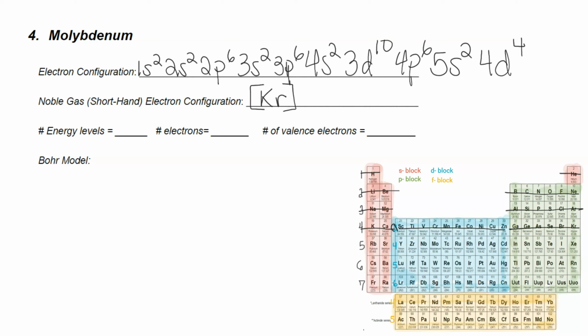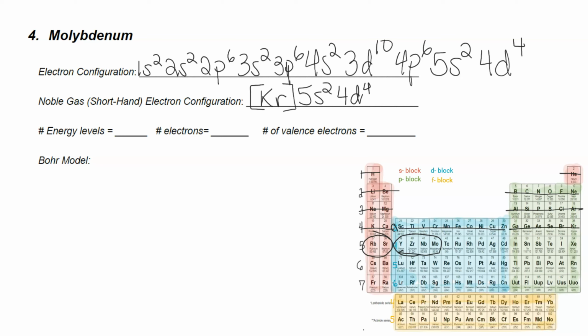And now we'll do the part of the configuration that is left after krypton. So that would be 5s2 and 4d4. That was a lot shorter than our full electron configuration.